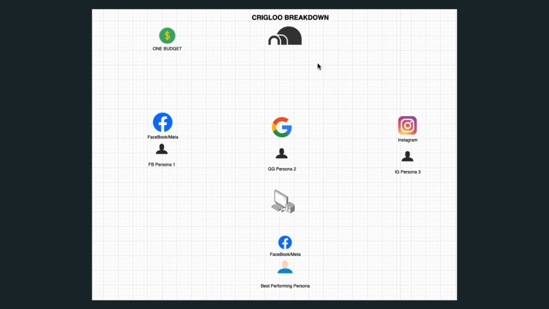Crigloo has a component inside of it where, once you pick your campaigns, you can have them automatically managed, or you can manage them. If you automatically manage them through their system, they'll take one budget. You put that one budget and load it into Crigloo, and you want to spread that budget over 3 different marketing campaigns.